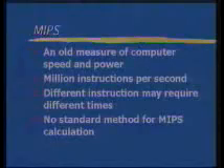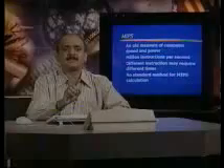The other processor terminology which you will be hearing in the market is MIPS, which we call million instructions per second. It is an old measure of computer performance, and it basically measures the computer speed and power.